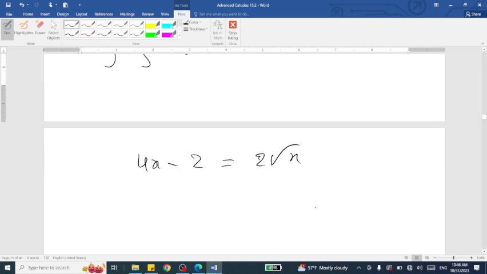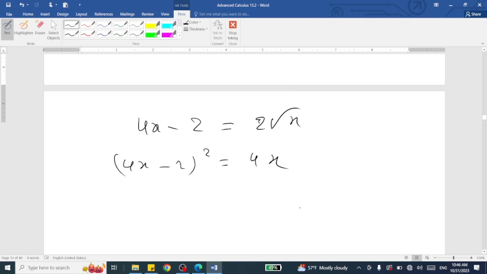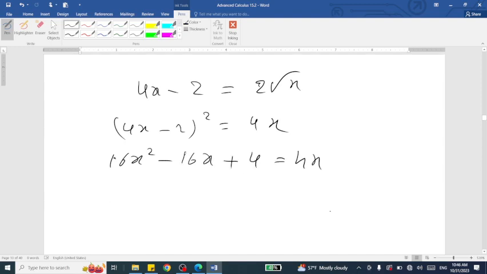Both sides squared: first square minus 2 multiplied by first by second plus second square equal to 4x, am I right?